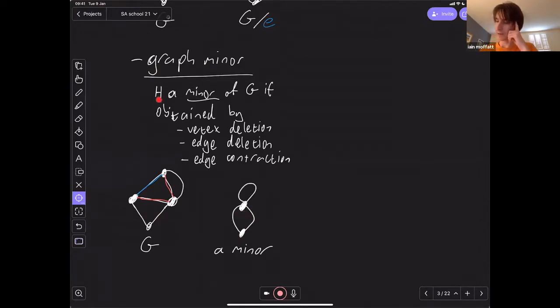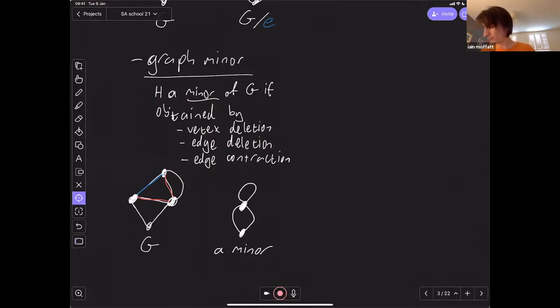So H is a minor of G if it's obtained through the operations of vertex and edge deletion, as well as edge contraction. Okay, so this is one aspect, one of our starting points.